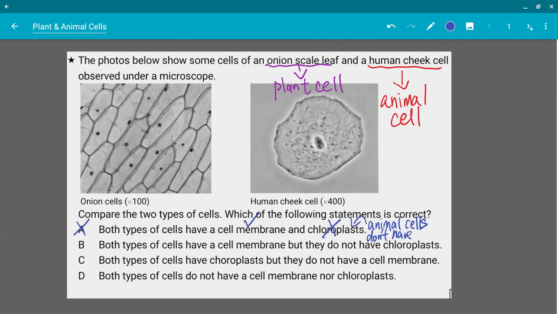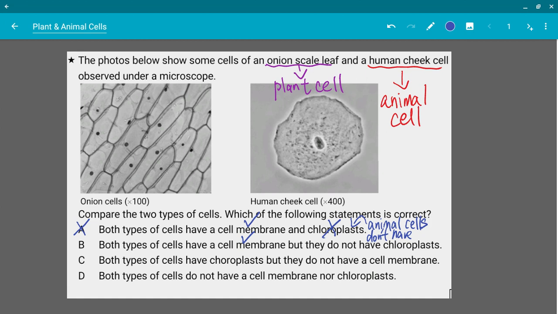Okay, let's go ahead and read option B. Both types of cells have a cell membrane. Is that true? Yes, both of them have a cell membrane, but they do not have chloroplasts. Okay, for once we know that animal cells do not. And how about this plant cell, onion cells? Is onion cell a green colored cell?